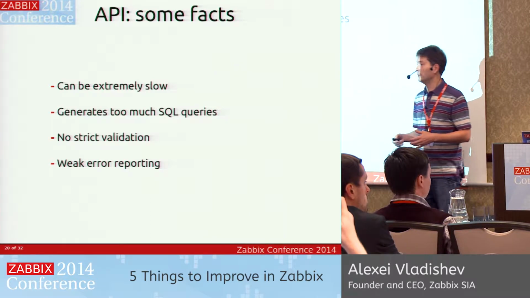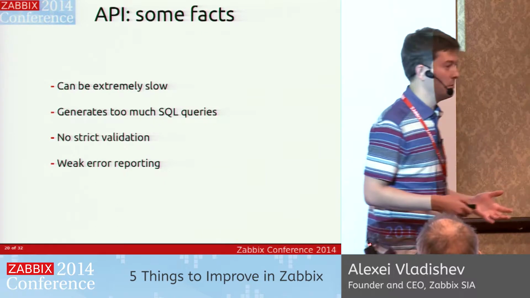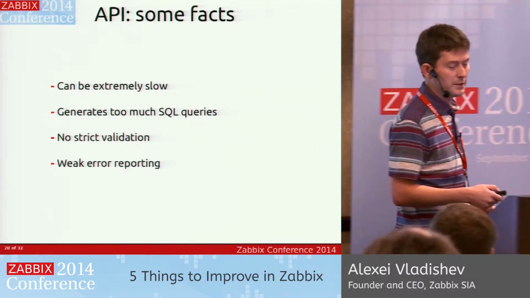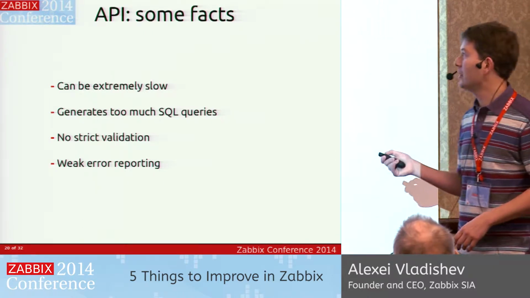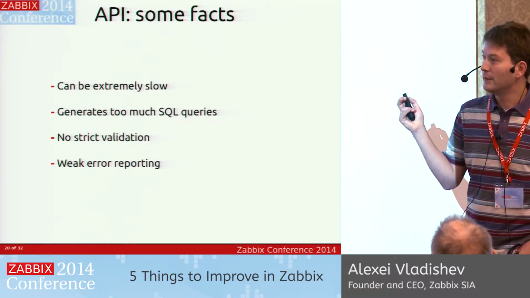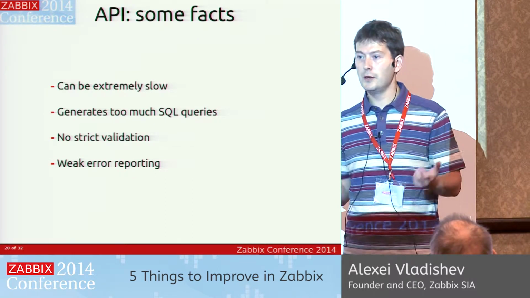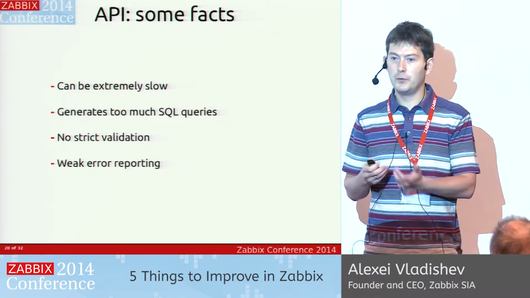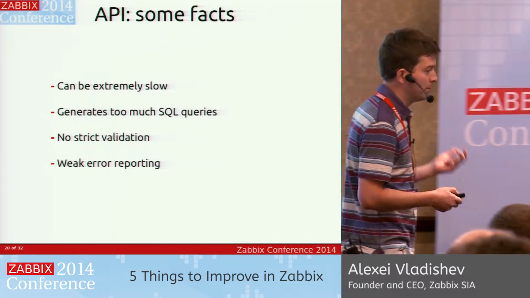Maybe some of you tried, but it may take 10 minutes or 20 minutes, depending on your hardware. It will generate so many SQL queries, maybe even millions of SQL queries. The reason is that we don't use this optimization technique. We don't use cache, and we don't use bulk operations on the front-end side. So this is a big problem.